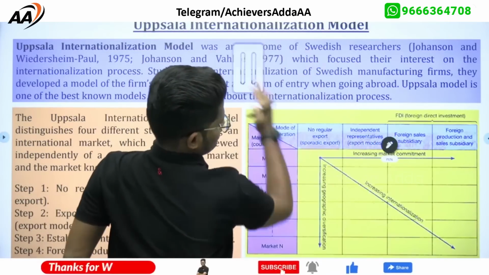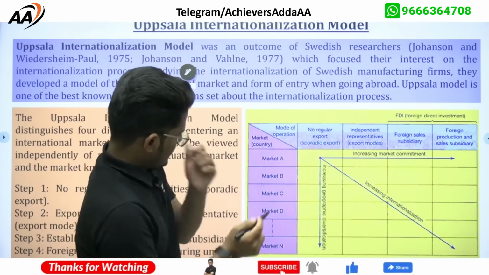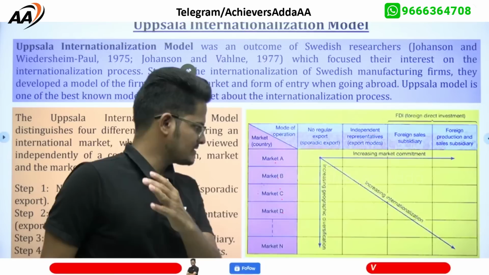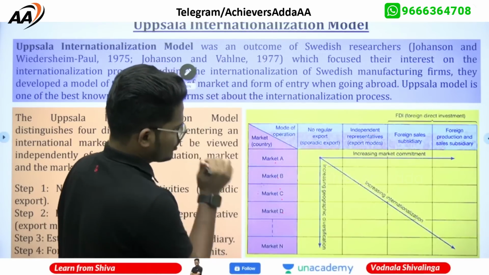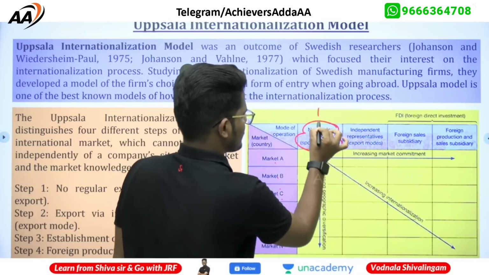First, you can look at this chart. Here markets A, B, C, D are there, like that a number of markets are available. Slowly, no regular export is stage number 1.